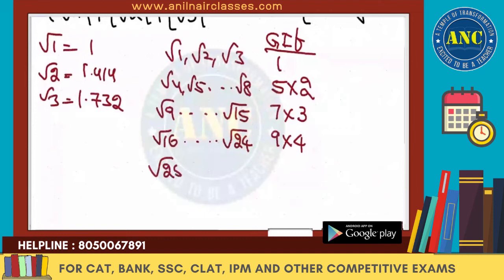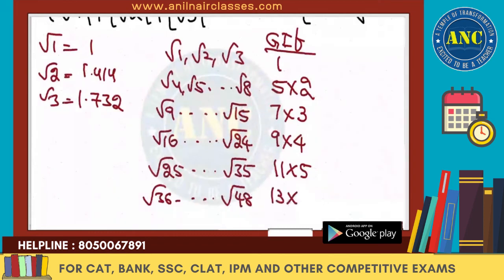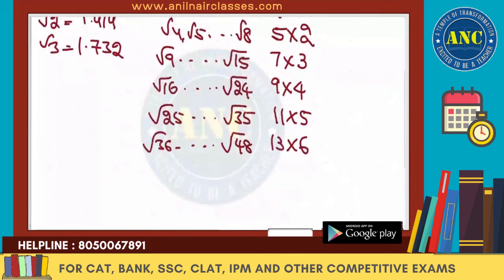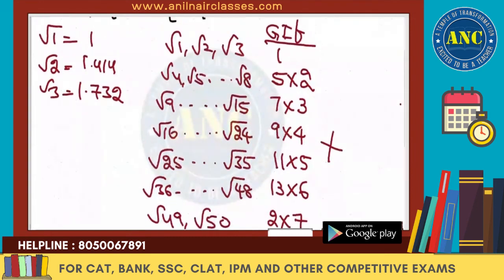Similarly, root 25 to root 35, and root 36 is 6, so it is 11 into 5. Similarly, root 36 to root 48 is 13 into 6. These are nothing but root 49 and root 50, both will give you 7, so into 7. Answer is the addition of all this.